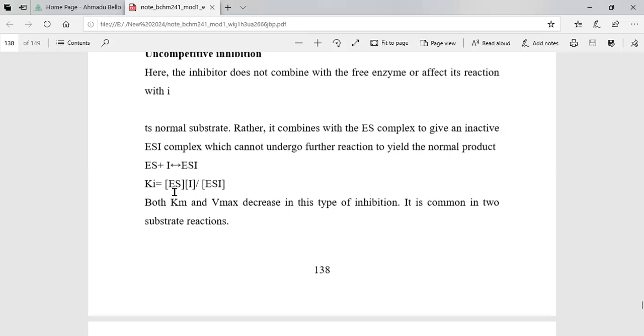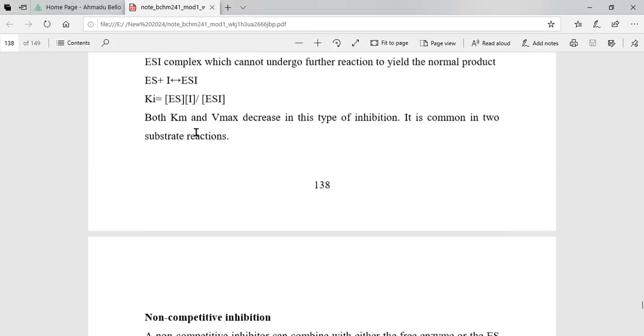So you see, it uncompetitively inhibits the enzyme. The reaction is like this: enzyme substrate complex plus the inhibitor forms the enzyme substrate inhibitor complex, and the Ki is given by the enzyme substrate complex concentration multiplied by the concentration of inhibitor, all over the enzyme substrate inhibitor complex concentration. The Km and the Vmax both decrease in this type of inhibition.